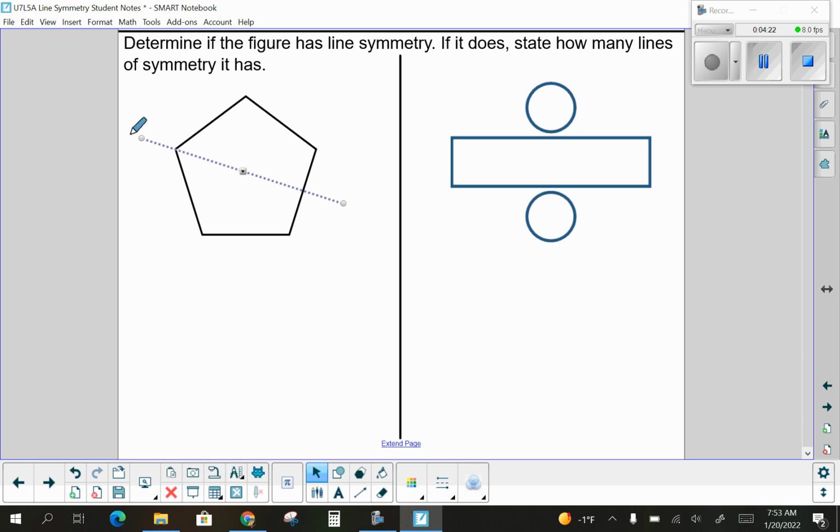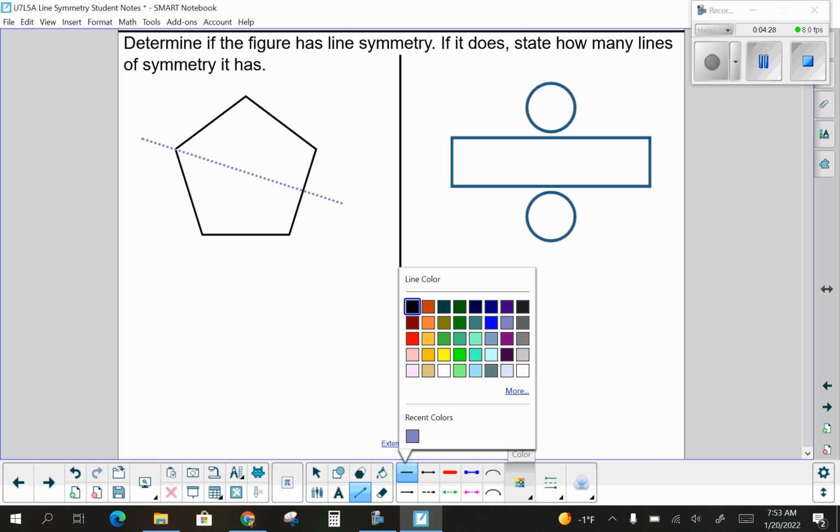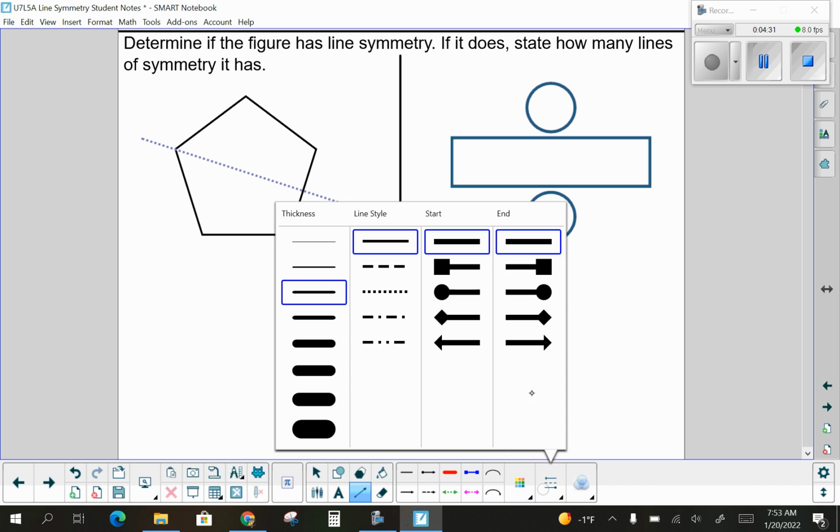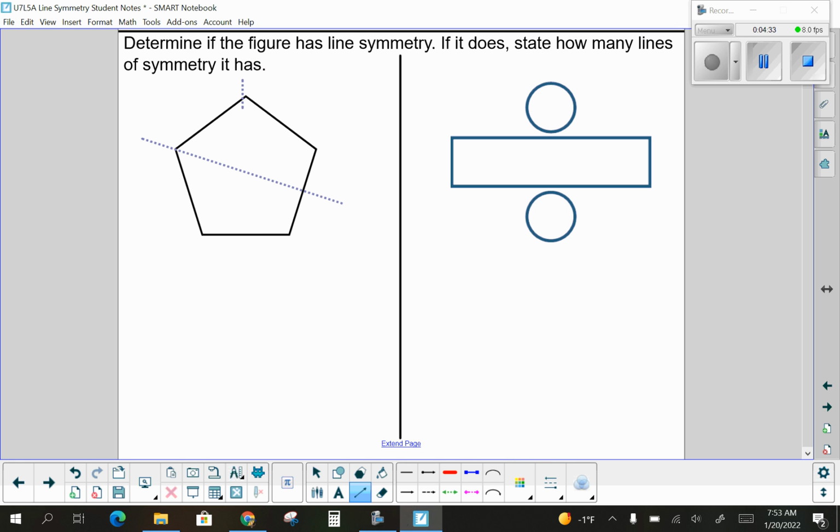It looks like with this particular object, if we go from corner to corner over and over again, those are all lines of symmetry, you guys.